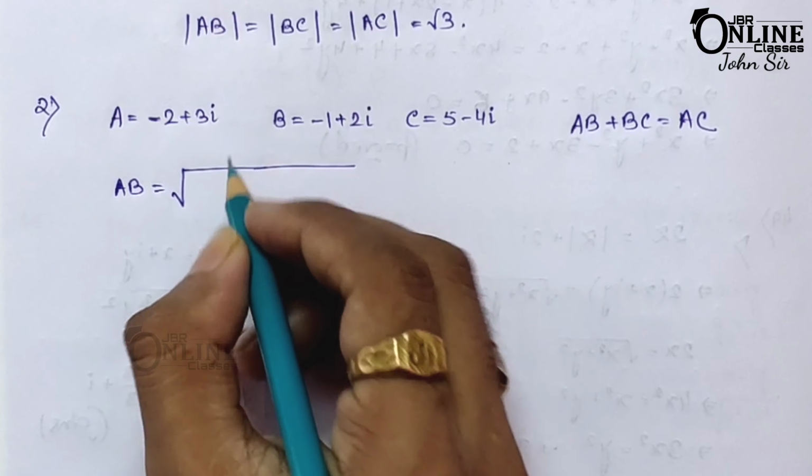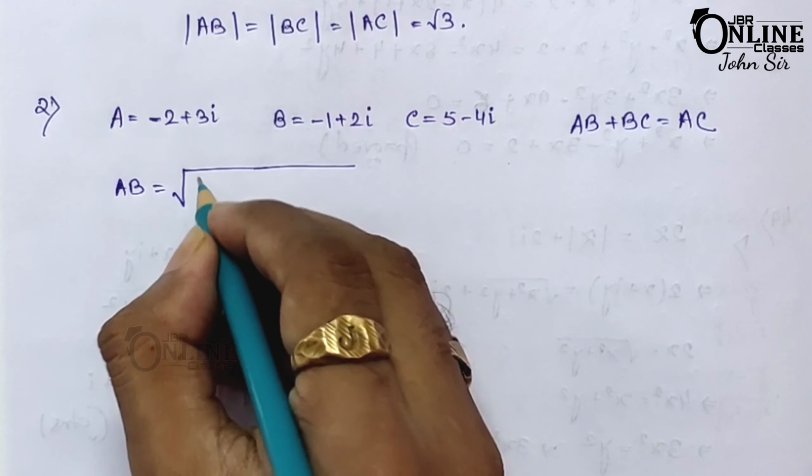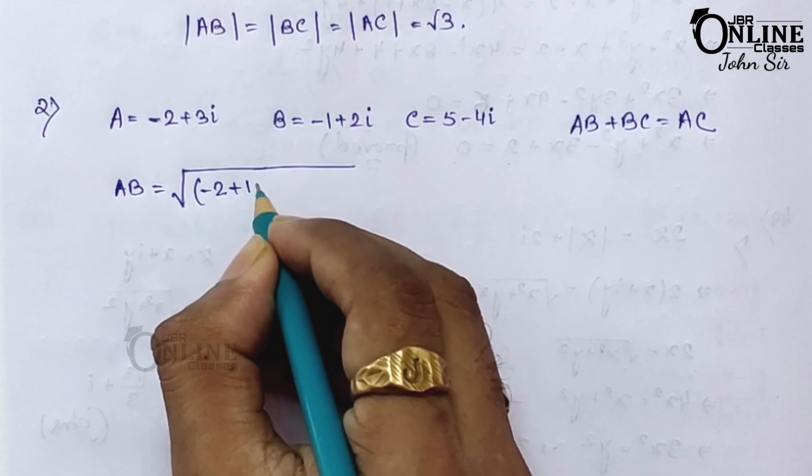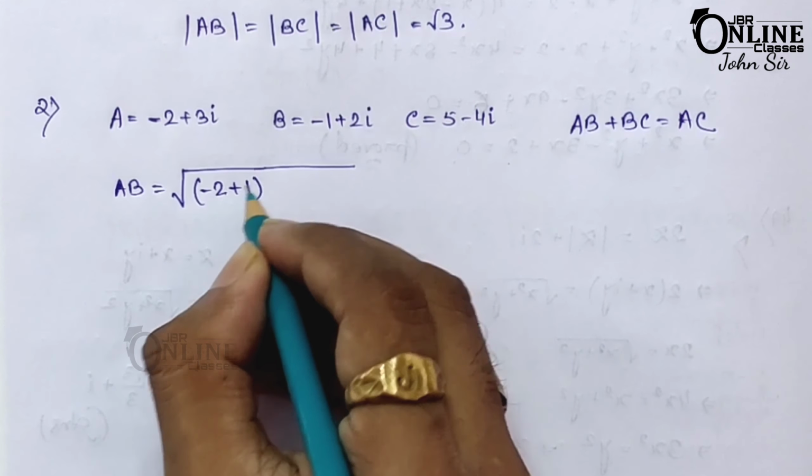So write down minus 2 as x1, and x1 minus x2 for AB. Here for point B the x coordinate is minus 1, so it will be plus 1, because x1 minus x2 whole square, plus y1 that means 3 and y2 that means 2. So minus 1 whole square is 1 and the other is also 1, so that equals root 2.